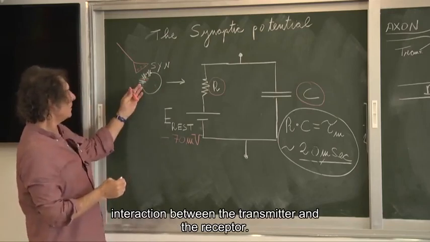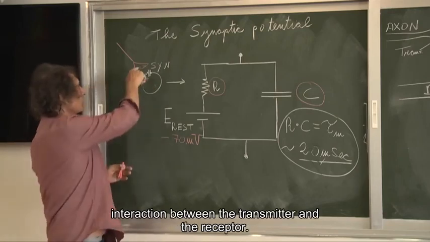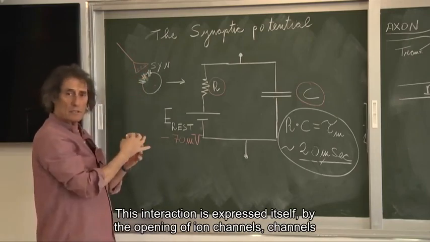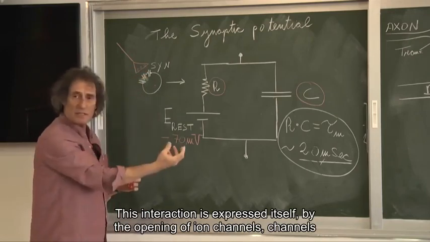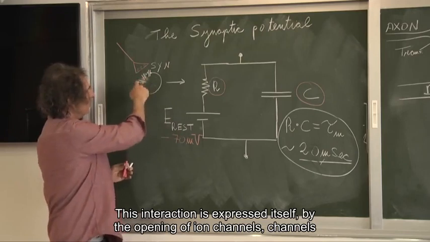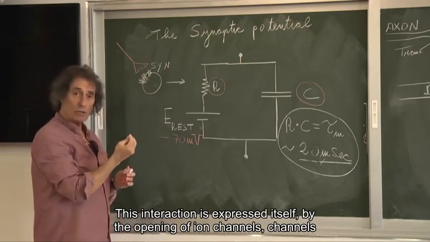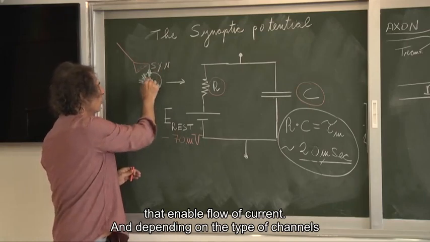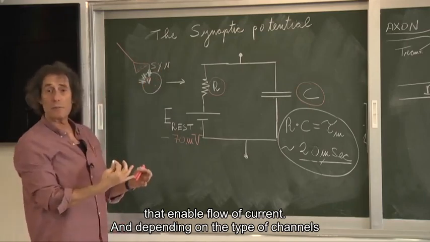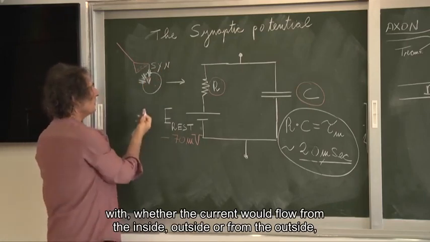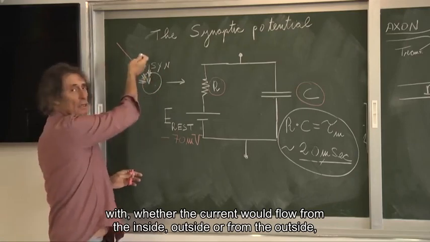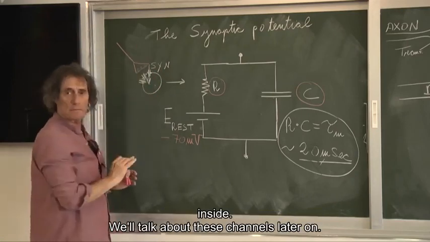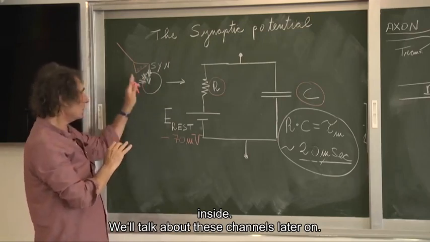So I now schematically mark the interaction between the transmitter and the receptor. This interaction expresses itself by the opening of ion channels. Channels that enable flow of current, and depending on the type of channels, the current will flow either from the inside to the outside or from the outside to the inside. We'll talk about these channels later on.